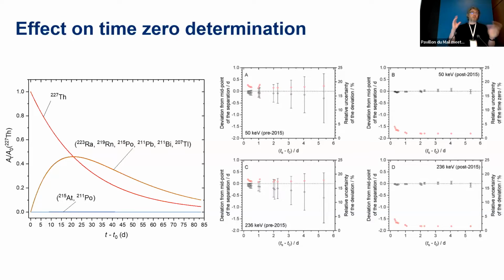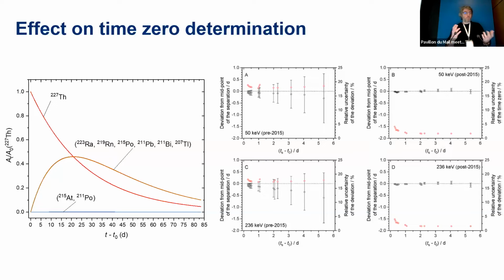So if you just took the separation time, you can end up with very large errors if something goes wrong in your process, and it's a really good check. And if it works well, as we've done it at MPL many times now, we find that our chemical separation and the measured time zero agree within minutes.